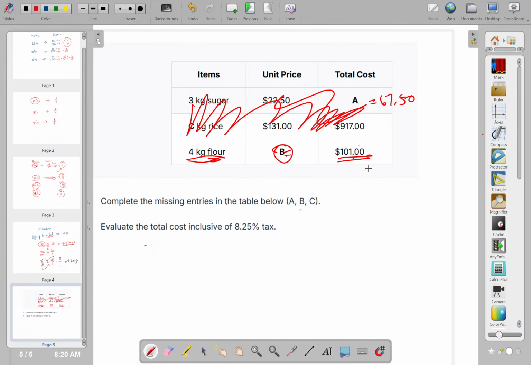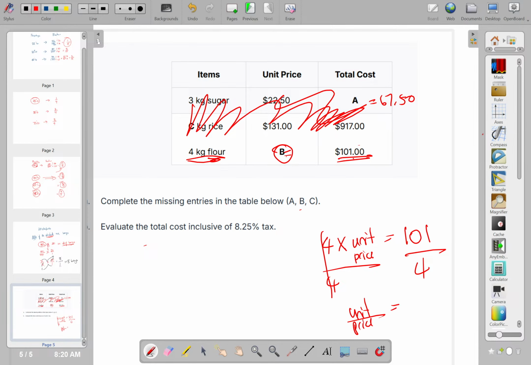To find out the unit price, think about it with me. 4 kilograms times the unit price would give me the total cost. So to find the unit price, we divide by 4 to get rid of it, and then divide this side by 4. So unit price is going to equal 101 divided by 4.